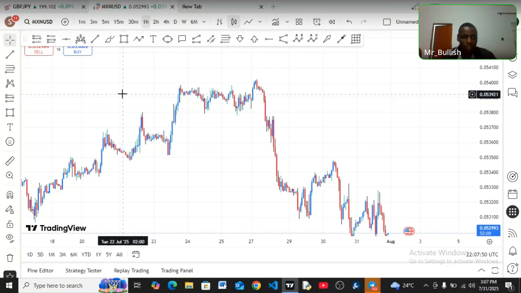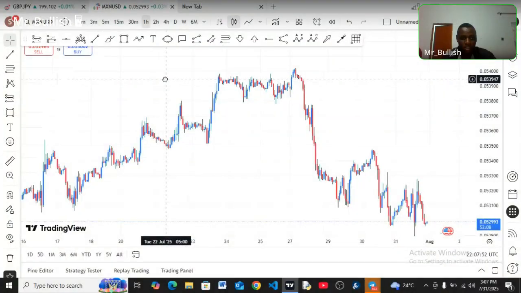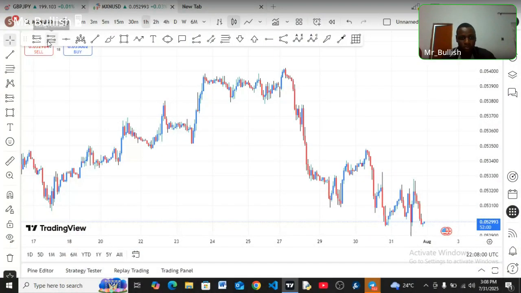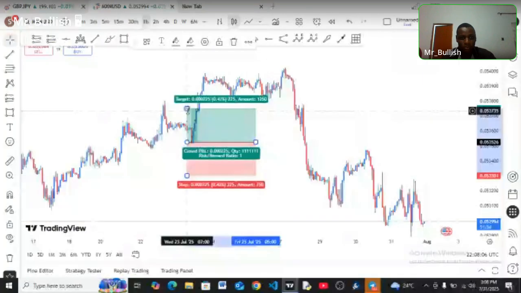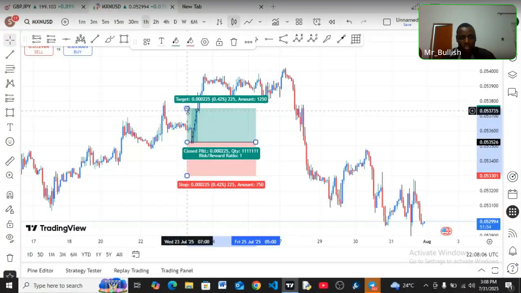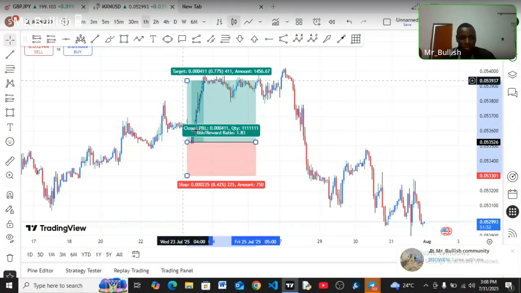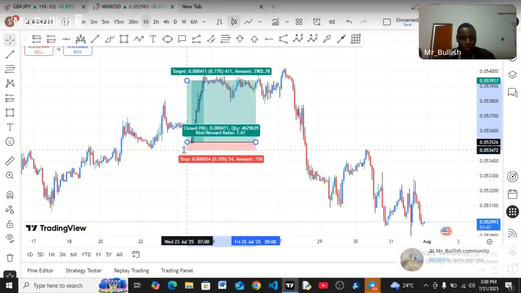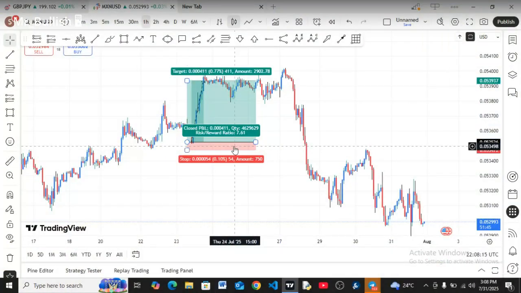So now, this is what basically happens whenever we are trading. Let's say I have analyzed this market and I'm taking a buy from this particular point, targeting maybe this point and putting my stop loss here. You see, this particular red portion is actually my stop loss.